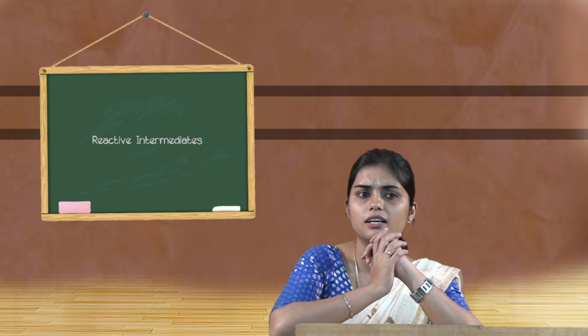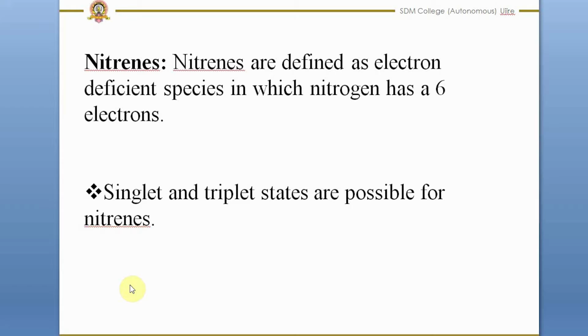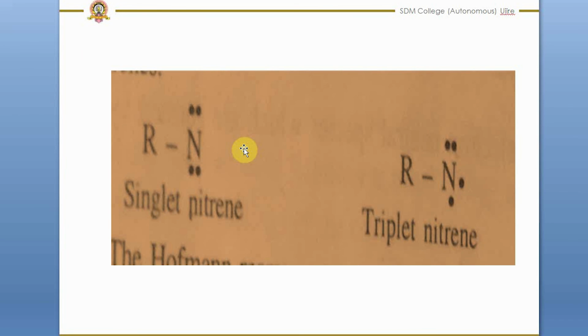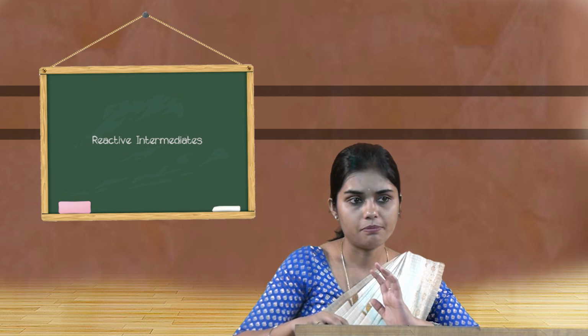Nitrene is similar to the carbene; it is also electron deficient, with nitrogen having 6 electrons. There are also two types, singlet and triplet. Nitrene is an analogue of carbene, also called an azacarbene. Everything is similar to carbene, so again the tertiary nitrene is more stable compared to primary and secondary.